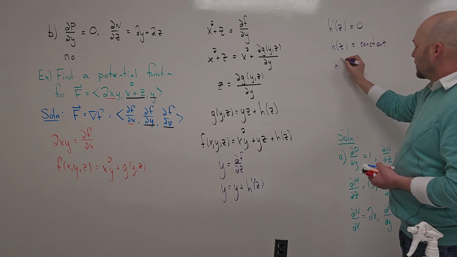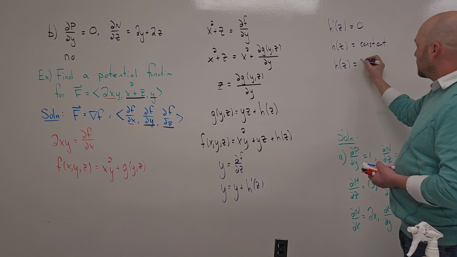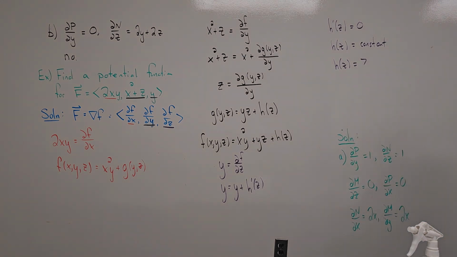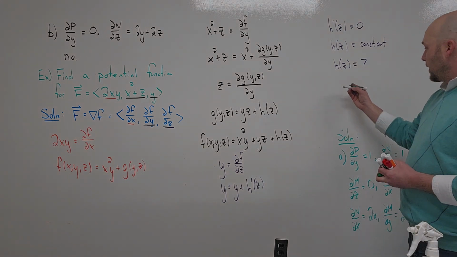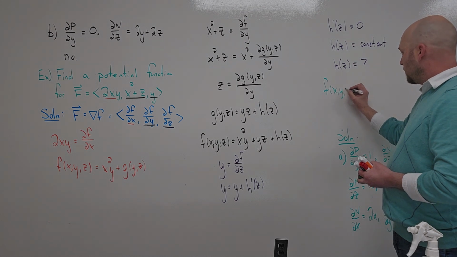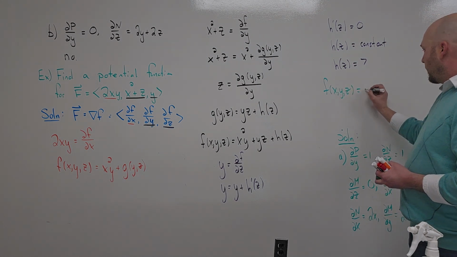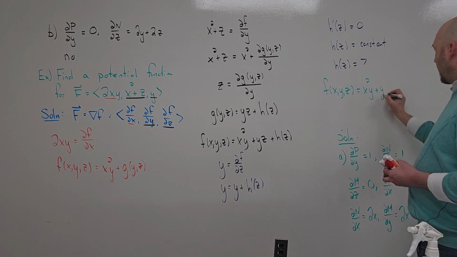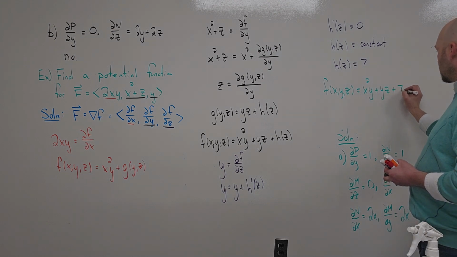And then I'll pick a specific function, h of z is equal to 7. Could be any constant, could be 0, pi, anything. Therefore, the potential function that we're looking for is this, f of x, y, z is given by x squared y plus yz plus 7.